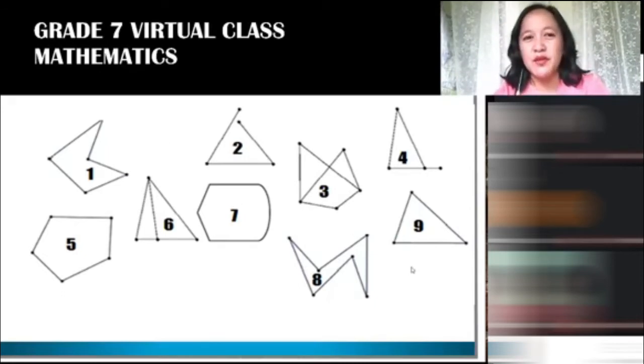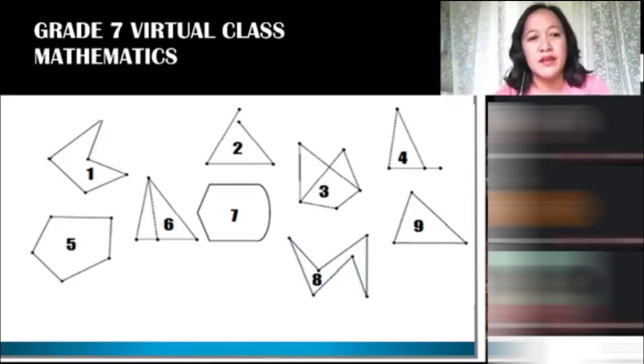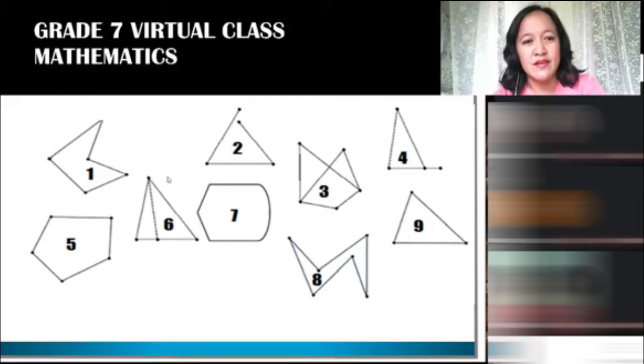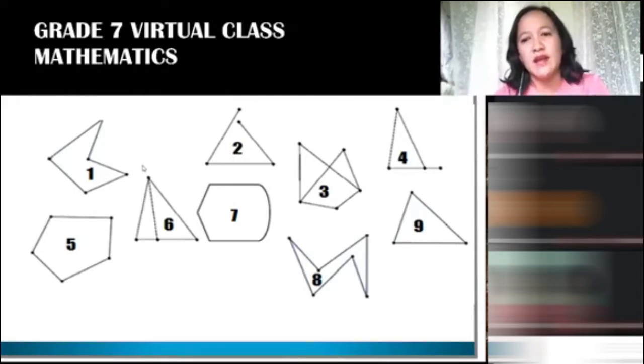Sa mga FB Live viewers natin dyan, pwede nyo i-type ang inyong sagot. Set A, those are the set of polygons. Just type the number corresponding to your answer. Is it 1, 2, 3, 4, 5, 6, 7, 8, or 9? What about set B for non-polygons?